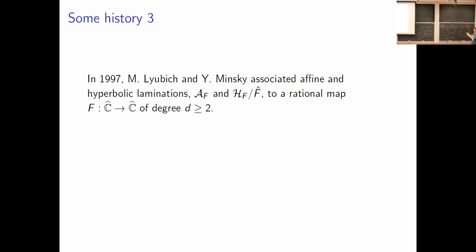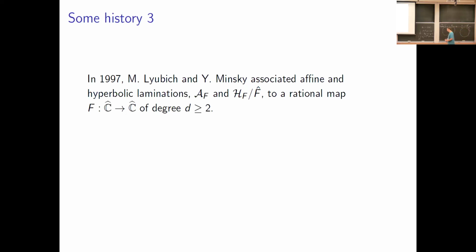So here's some more history. And now we're going to travel back in time to 1997, when Misha Lyubich and Yair Minsky introduced affine and hyperbolic laminations associated to rational maps. So in some sense, the hyperbolic lamination functions as a hyperbolic filling of the rational map.